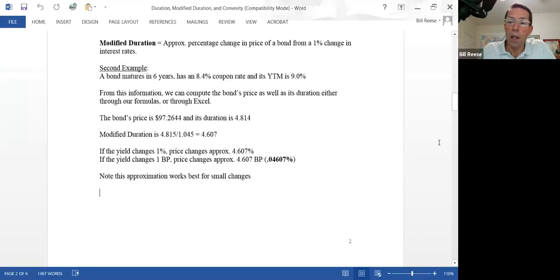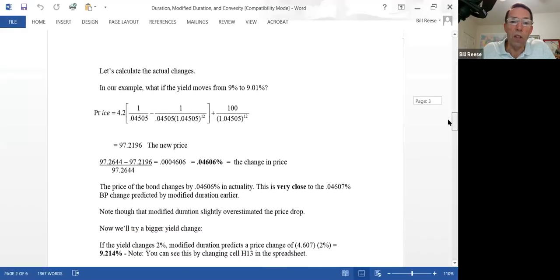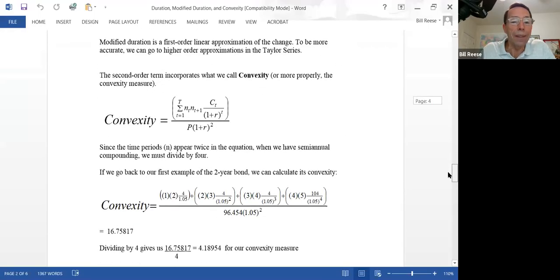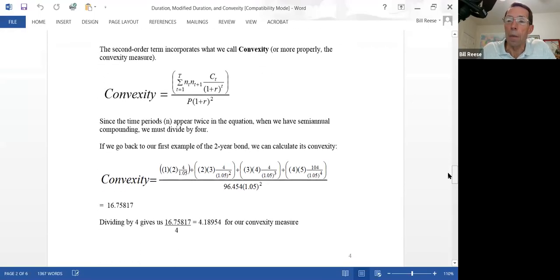And we're going to see that the convexity of a bond is going to be calculated kind of like the duration was. The convexity measure is going to be calculated by summing up the present value of the cash flows, okay?